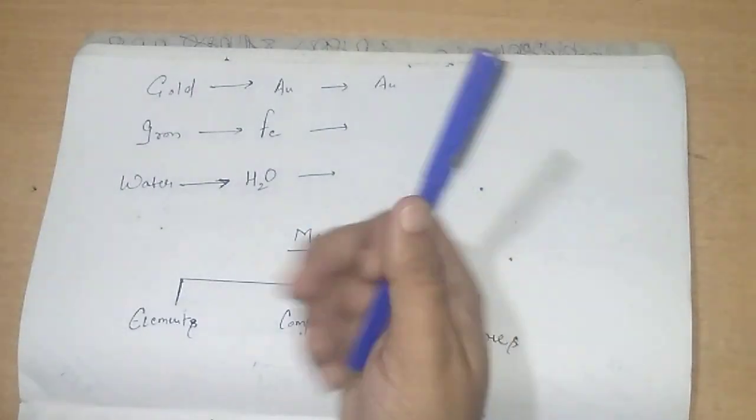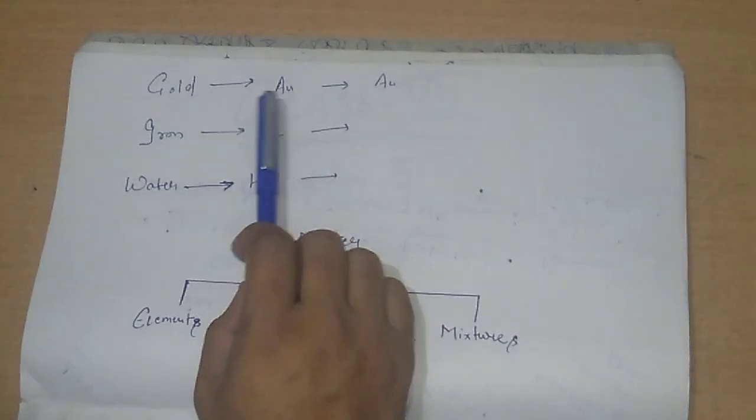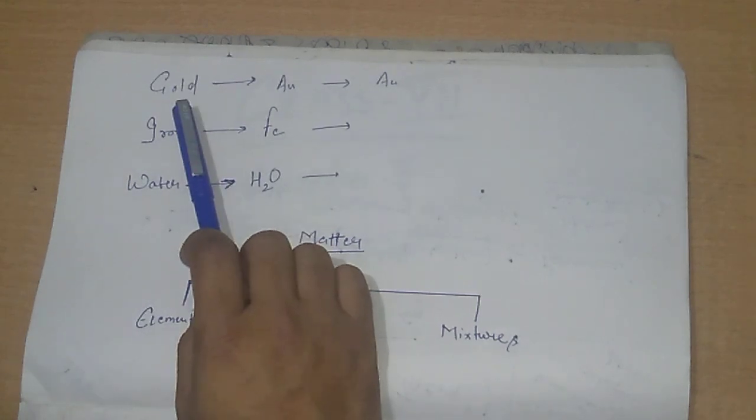So gold is a pure matter, clear? It does not have any other matter in it. It is the purest form of one kind of matter, which does not have any other kind of matter in it.